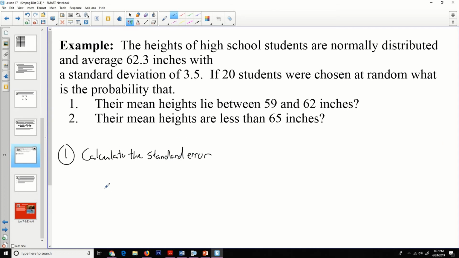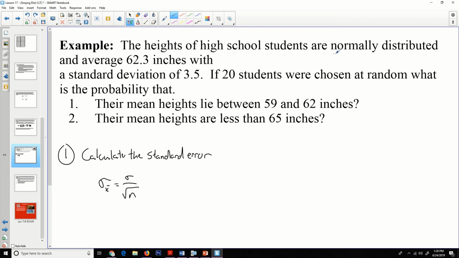The standard error of x bar is equal to the standard deviation over the square root of the sample size n.